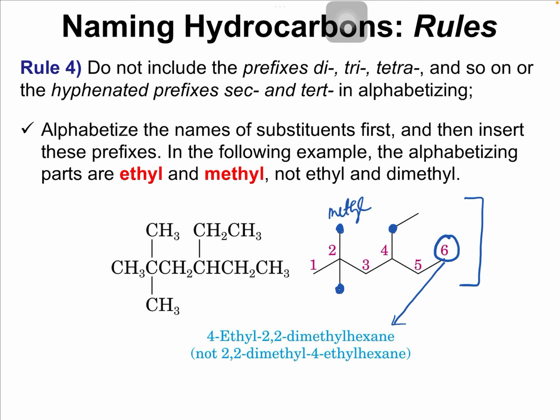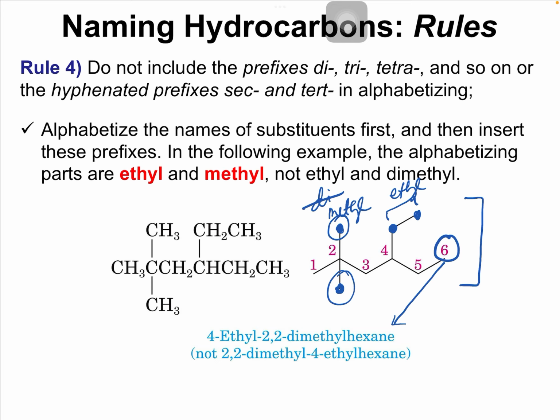Then, this portion, ito, meron kang dalawang carbon. So, anong pangalan niya? So, that's ethyl. So, since yung inyong methyl group ay dalawang beses na ulit, so you call this now your dimethyl. And according to the rule, we don't consider the di in the alphabetization.